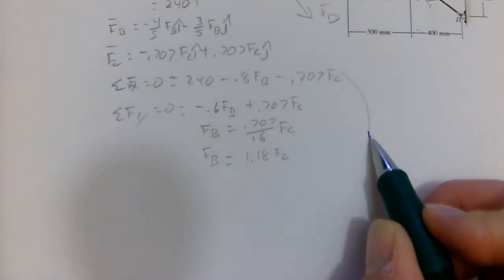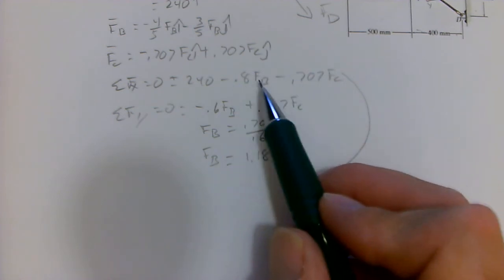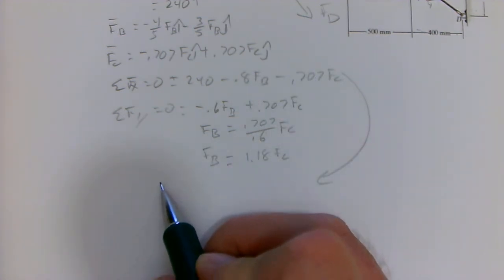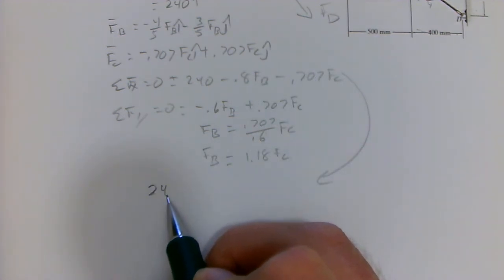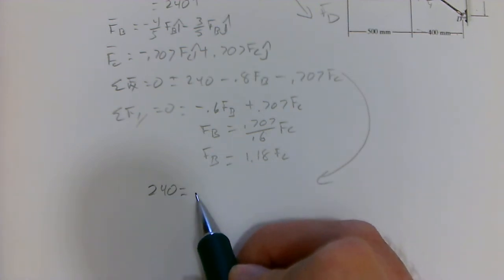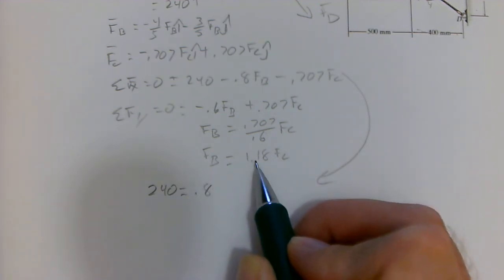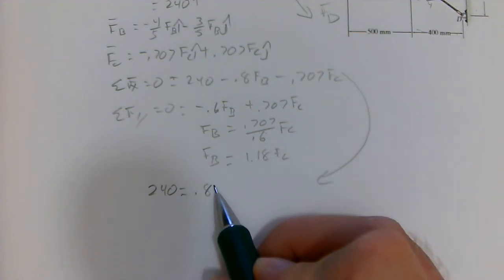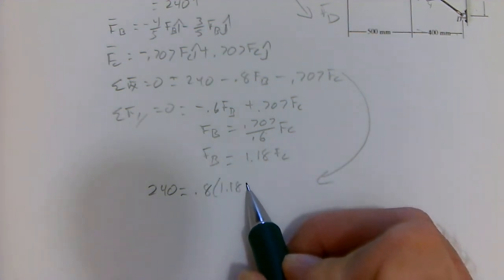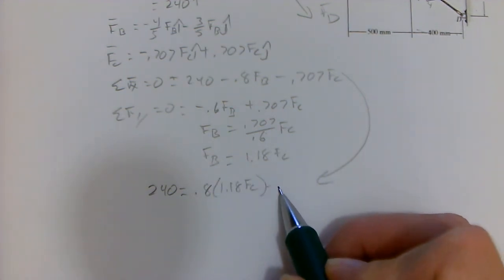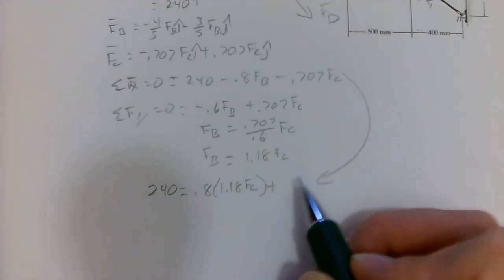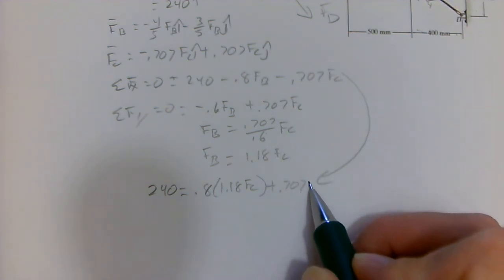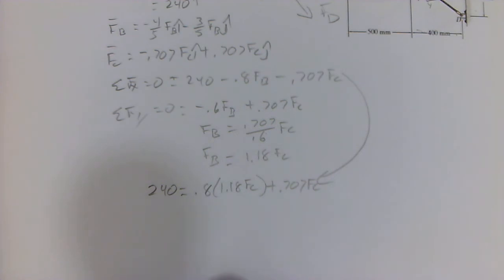Now let's take this down here. I'm going to move these two to the other side, and so they become positive. So 240 equals 0.8 FB, which is 1.18 FC, minus, not plus because we moved it, 0.707 FC.